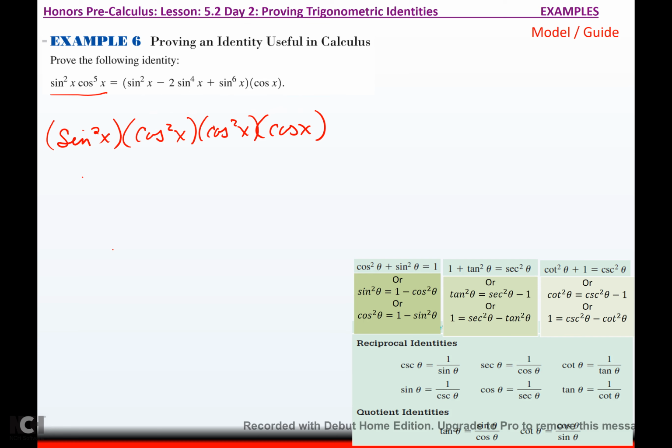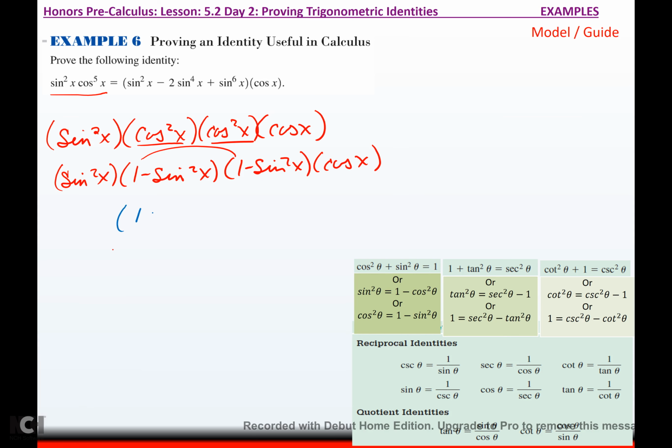Well, I see all these signs over here and only one cosine, so I'm going to rewrite this cosine squared x as 1 minus sine squared x, and I'm going to rewrite this one as 1 minus sine squared x, and I'm going to leave this one alone, times cosine x. So I'm going to multiply these two out.